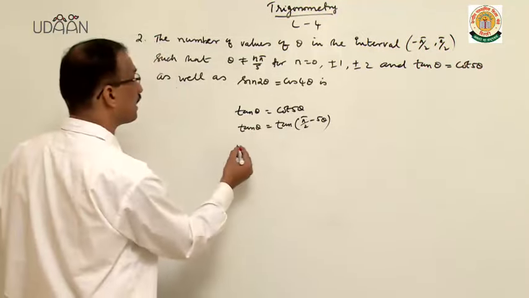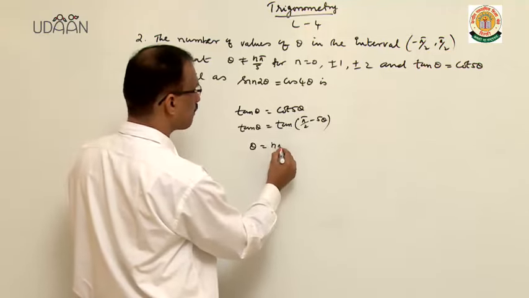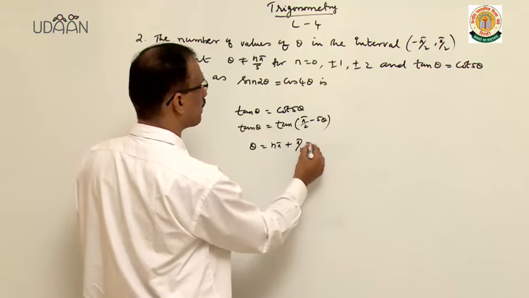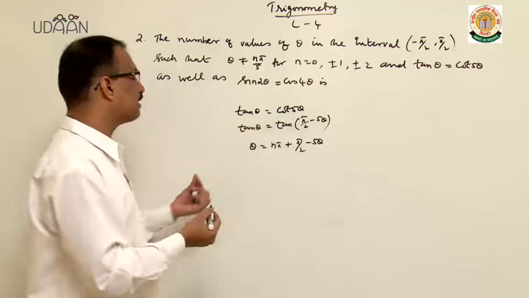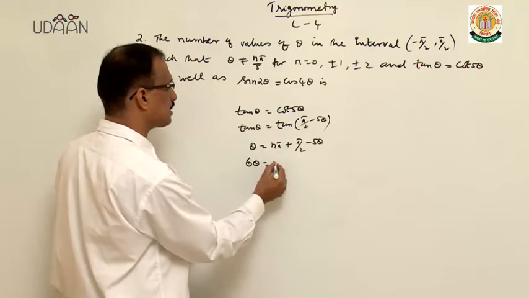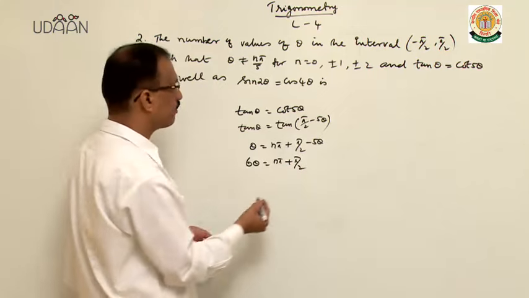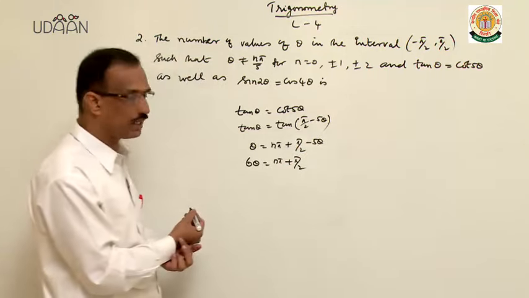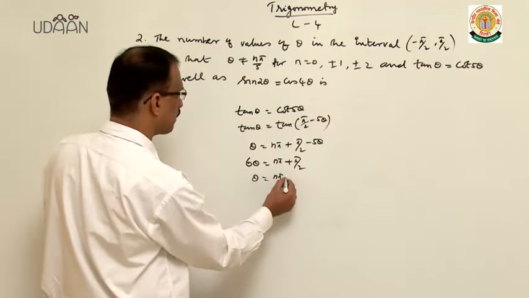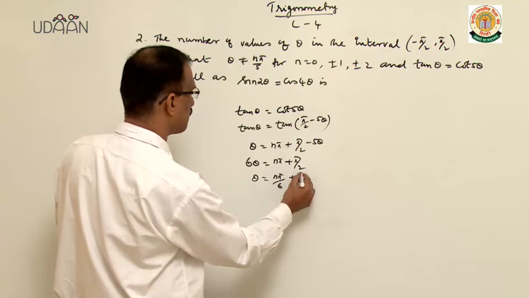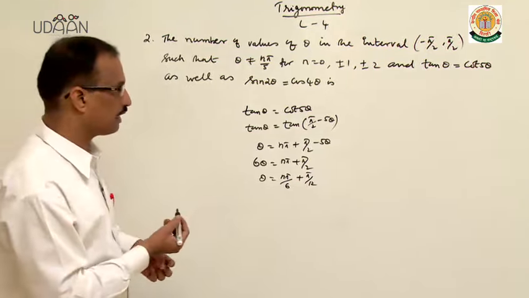Therefore we can write θ = nπ + π/2 − 5θ. This 5θ bring to this side, so you get 6θ = nπ + π/2, where n belongs to the integers. So from this, θ = nπ/6 + π/12. This is one set of values of θ we get.